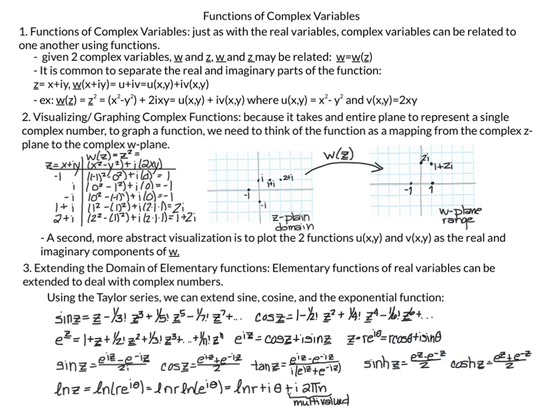To review what we covered in this video, we talked about functions of complex variables, because just as with real variables, complex variables can be related to one another using functions. If we're given two complex variables, w and z may be related. In other words, w may be a function of z, so w of z. And it's common to separate the real and imaginary parts of the function.